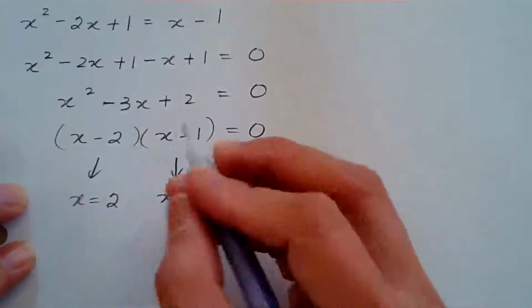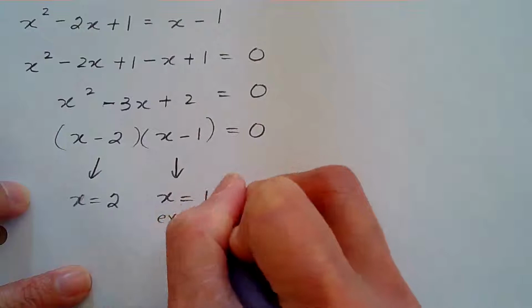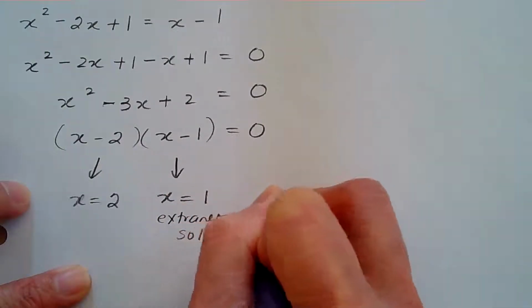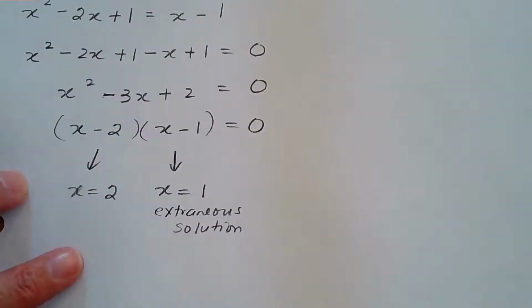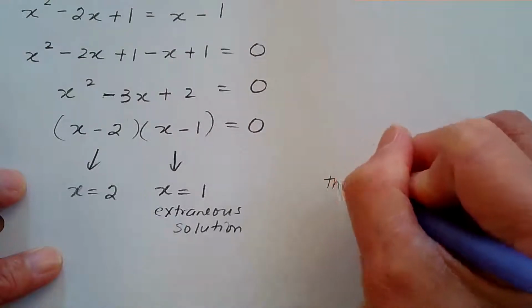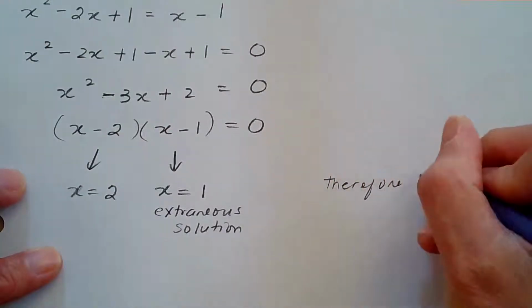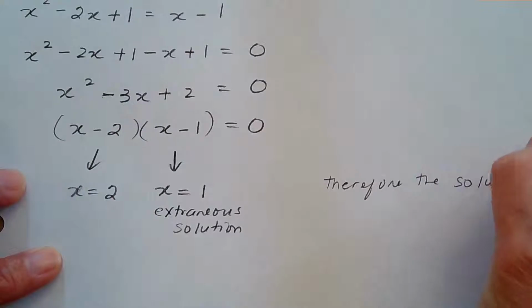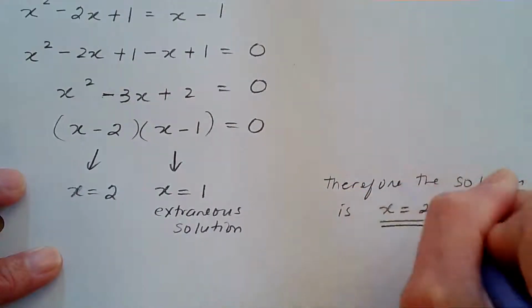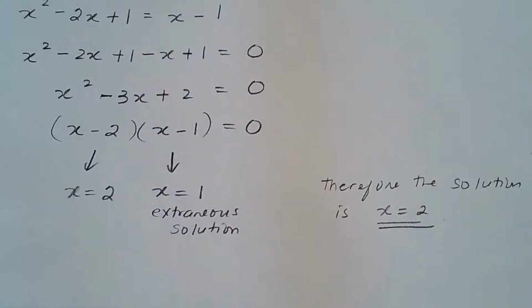Cross that off. So this is going to be our extraneous solution. That's not part of our solution, right? So our only solution in this case is, therefore, the solution is x equals 2. Yes? Good.